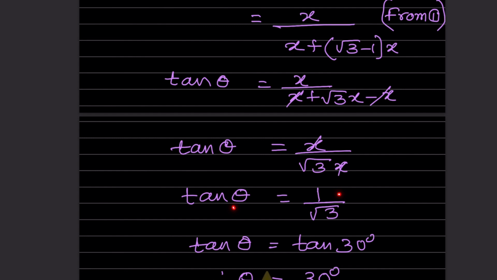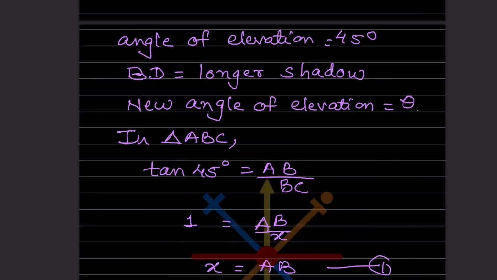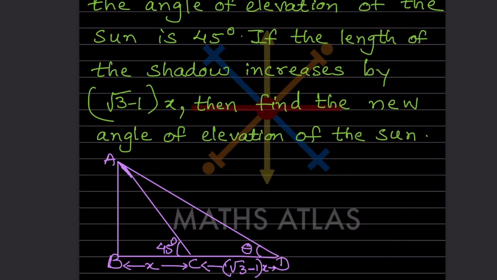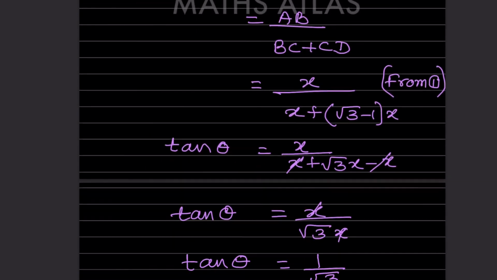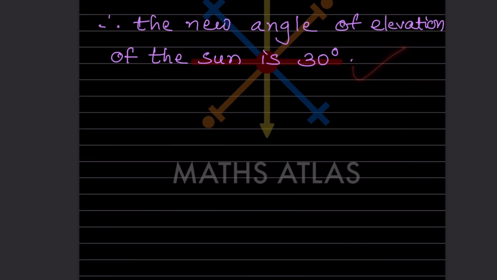So tan theta is 1 by root 3, and tan 30 degrees is 1 by root 3. So tan theta is tan 30 degrees, and comparing, theta is 30 degrees. This is the new angle of elevation they have asked for. So the new angle of elevation of the sun is 30 degrees.